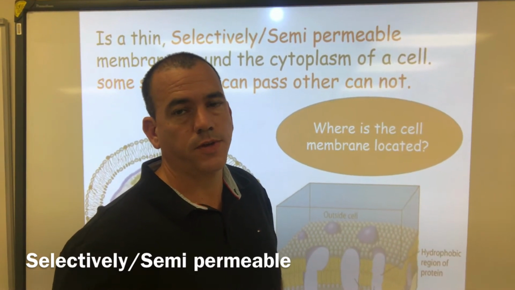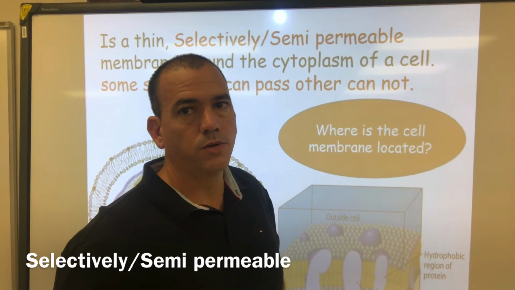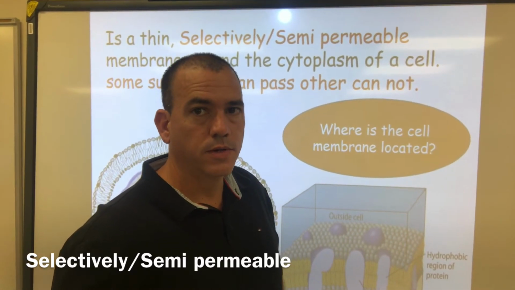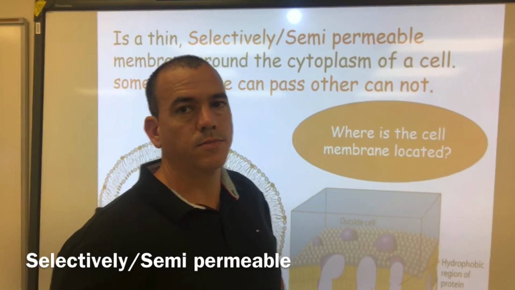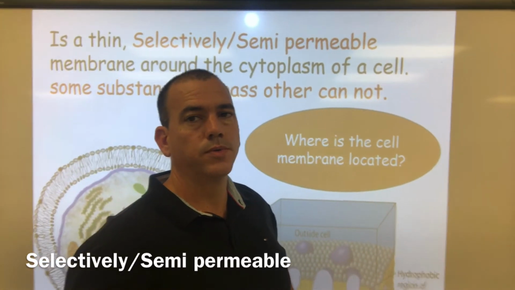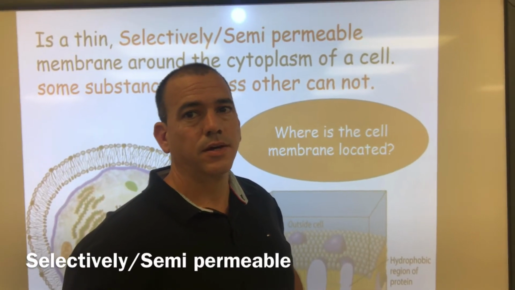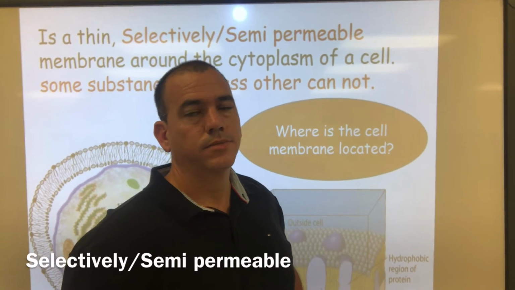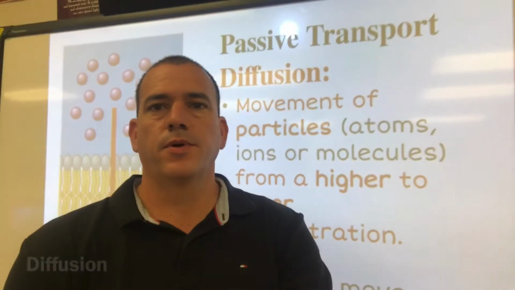Like I said with the fence, air molecules are small enough, so they'll go through the fence. Water molecules are small enough, so they'll go through a fence. A basketball is not going to go through a fence. So again, semi-permeable. Semi means kind of. Some things go through, not everything. This word is very important.